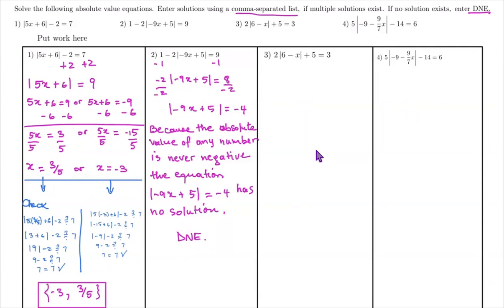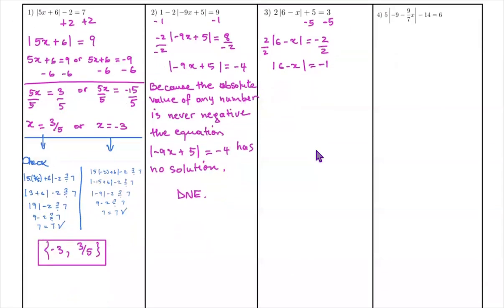The next example here, let's subtract 5 on both sides. That is 2 absolute value of 6 minus x equals -2. Then if you divide by 2, you're gonna get absolute value of 6 minus x equals -1.